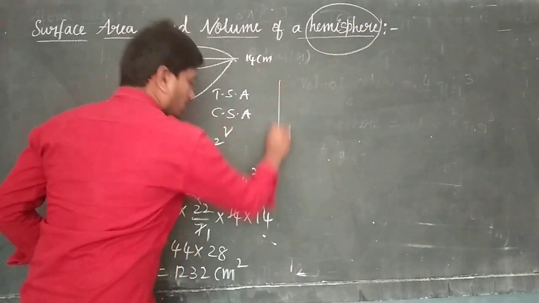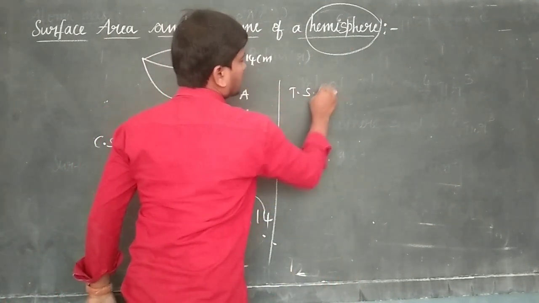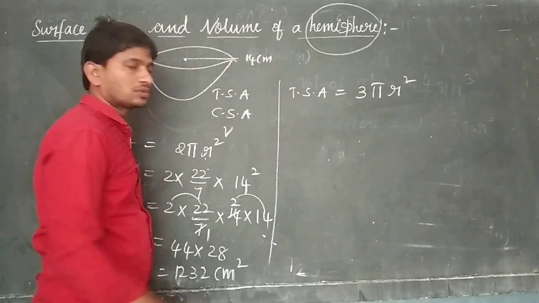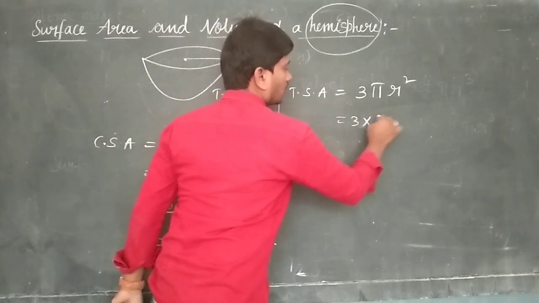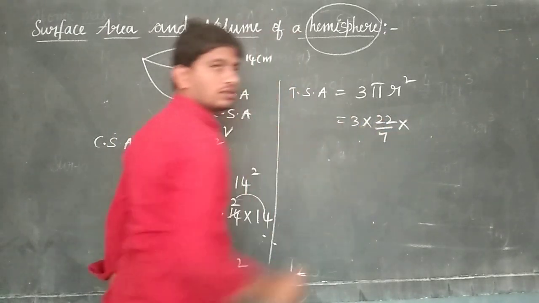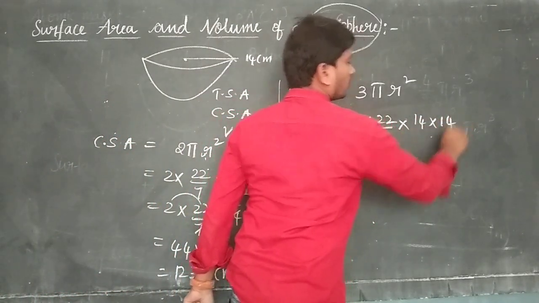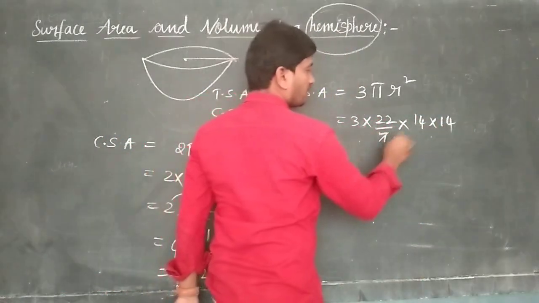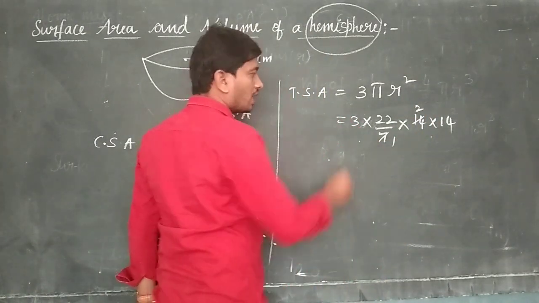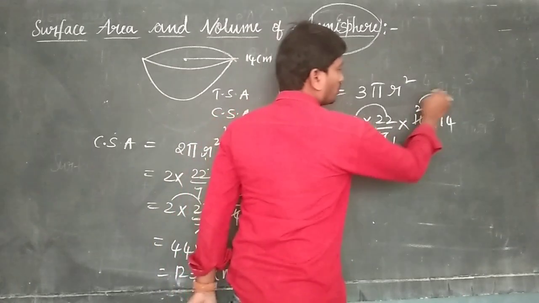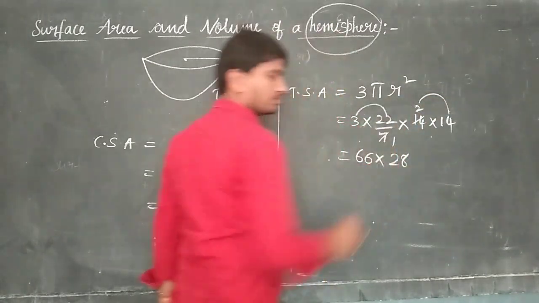Now let me find the TSA of the hemisphere. We know that the TSA of a hemisphere is 3 pi r square. 3 into pi value 22 by 7, and radius is 14, so 14 into 14. 7 ones are 7, 7 twos are 14, 3 into 22 is 66, into 2 into 14 is 28.